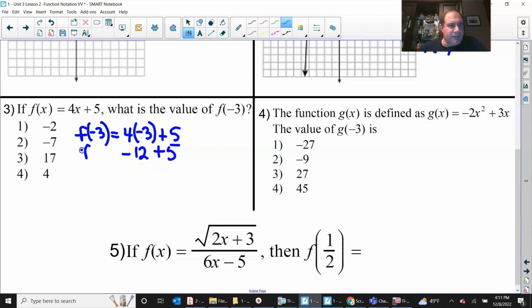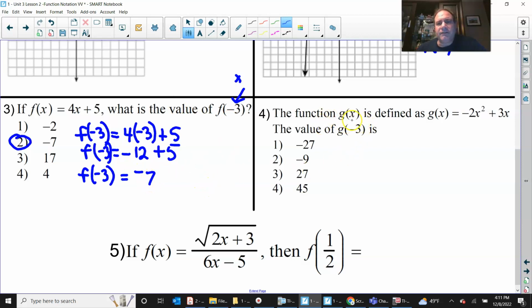So I'm getting a little confused here. Again, you can put this into your graphing calculator, look for where the x is negative 3, and get the y.